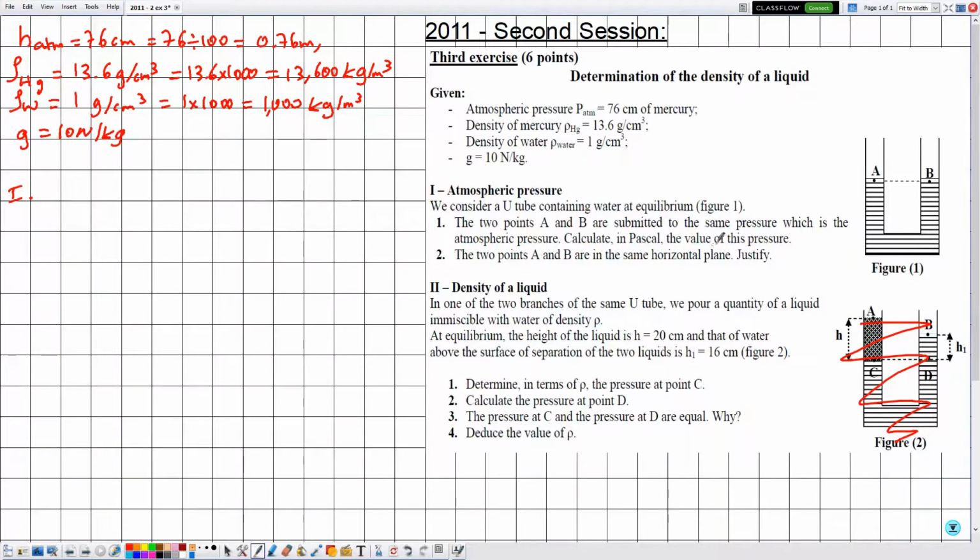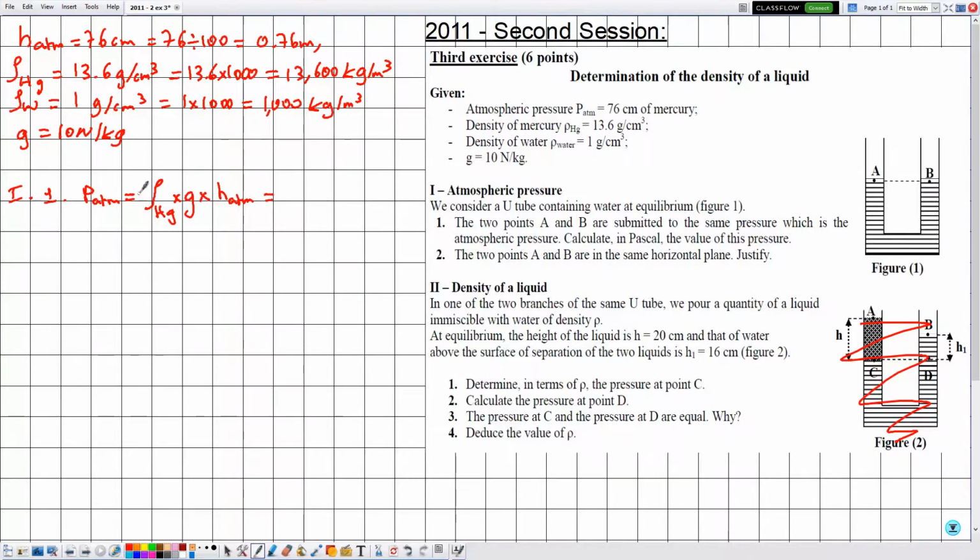Now, calculate in Pascal the value of this pressure. So we are interested in calculating the atmospheric pressure. We know that the atmospheric pressure is equal to the pressure exerted by a 76 centimeter column height of mercury, and the pressure is given by the density of the liquid, here mercury, multiplied by the value of g, multiplied by the depth, which is the atmospheric height.